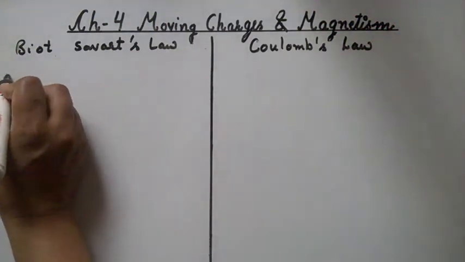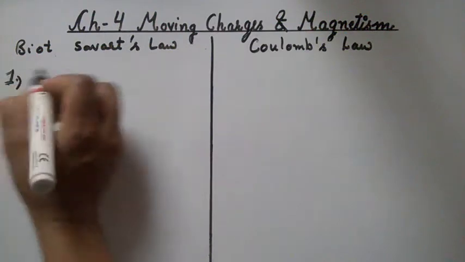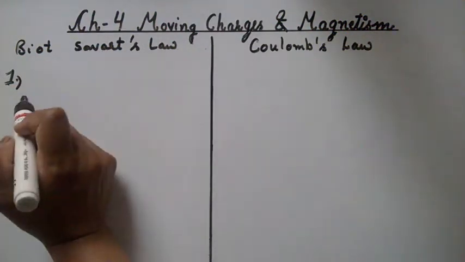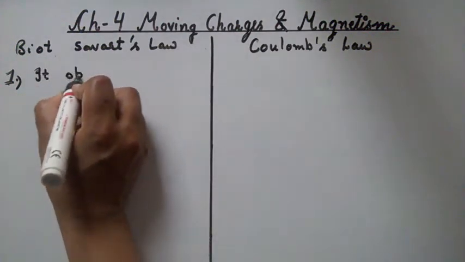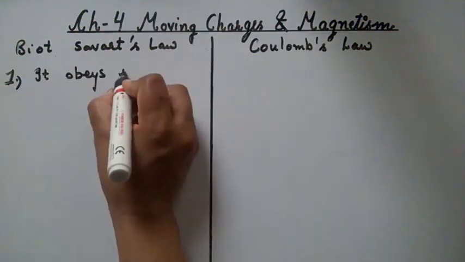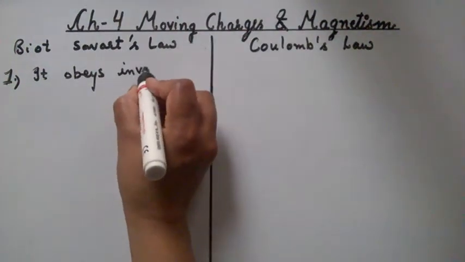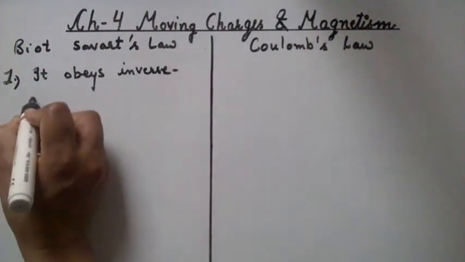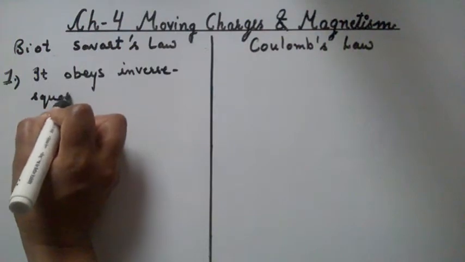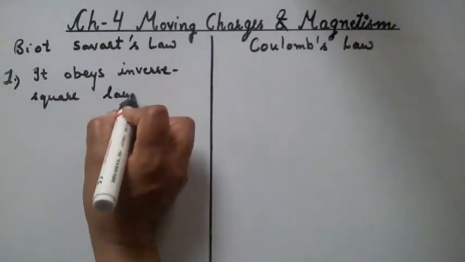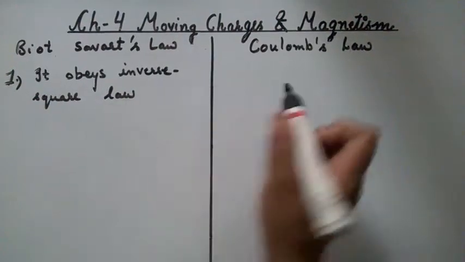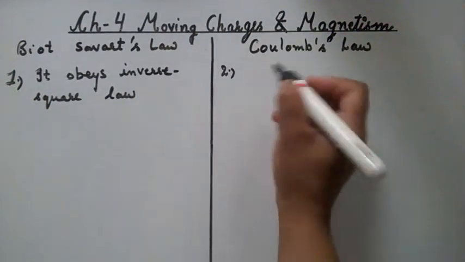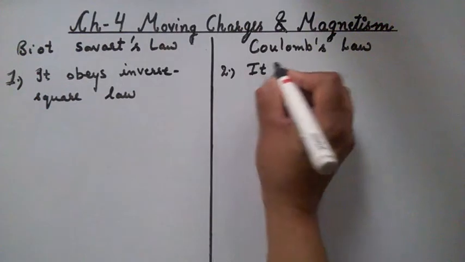The first comparison is that Biot-Savart's law obeys the inverse square law. That is, the magnetic field is given by I dl sin theta by r square. Here it also obeys the inverse square law.